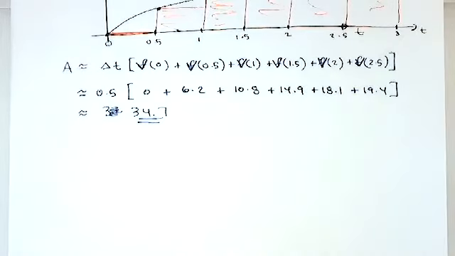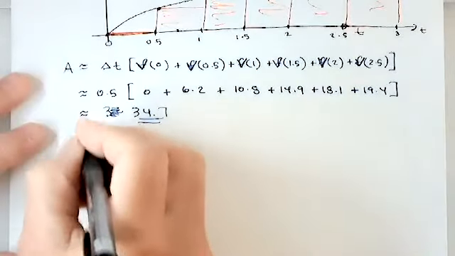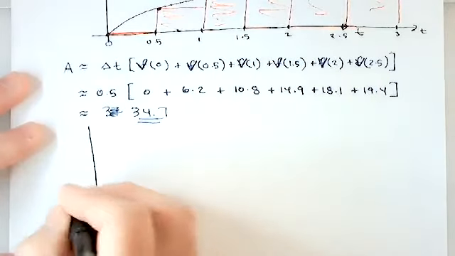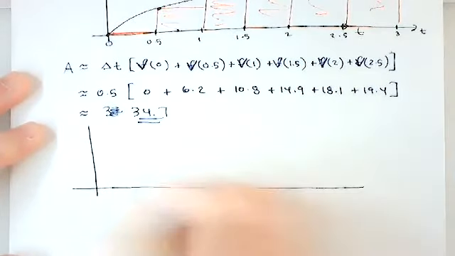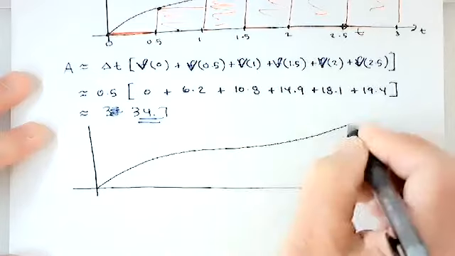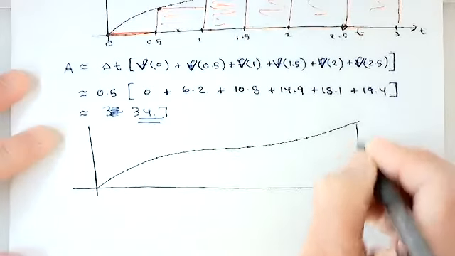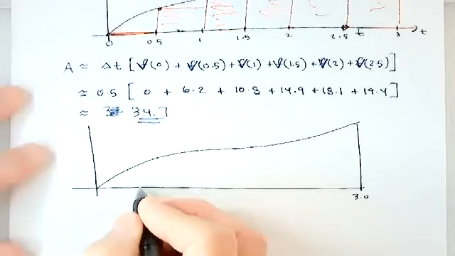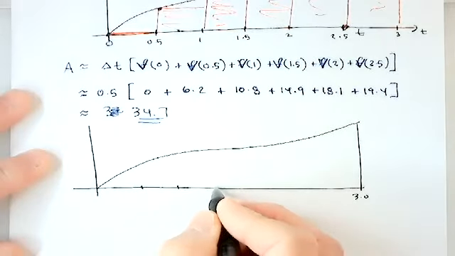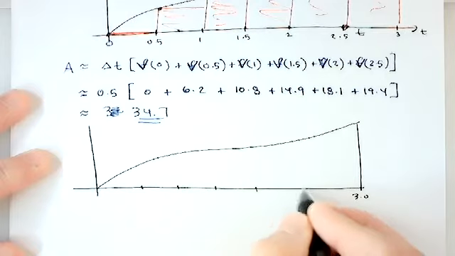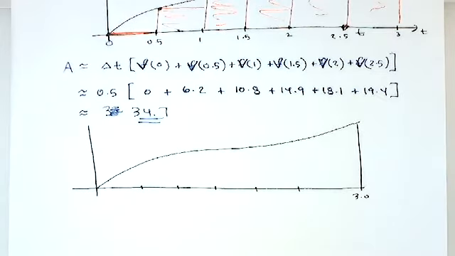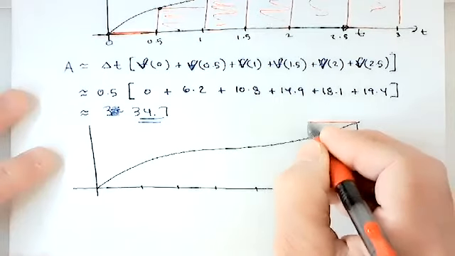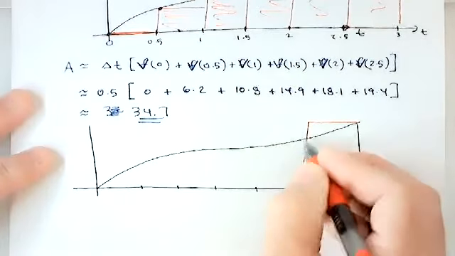Maybe I'll just redraw real quick. So yeah, if you were going to do an overestimate, then you would want to choose right-hand endpoints because that's going to go above the curve.